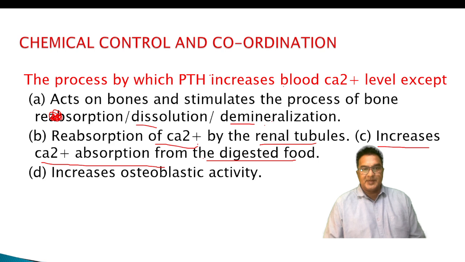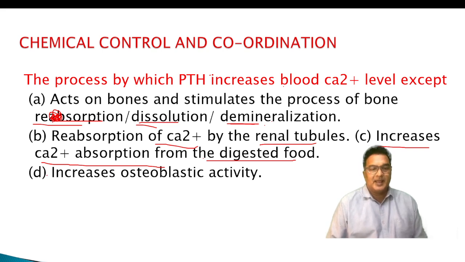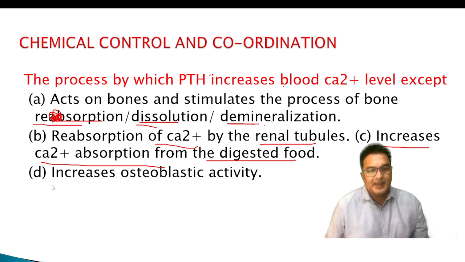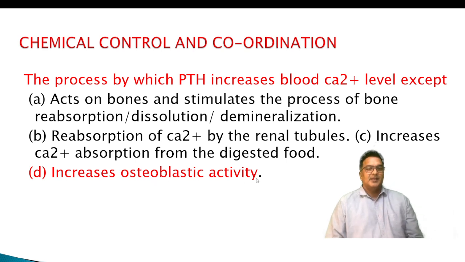Even though adequate calcium is not coming, it goes and dissolves the bone. It means it withdraws the calcium from the bone. We can call it dissolution, demineralization, or resorption. In this case, our answer is increases osteoblastic activity.